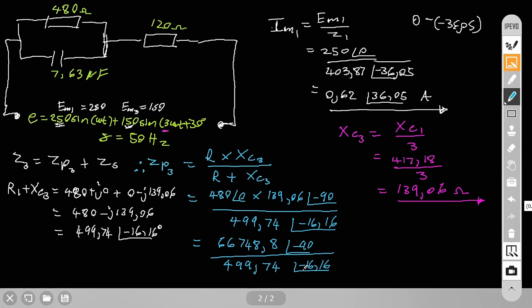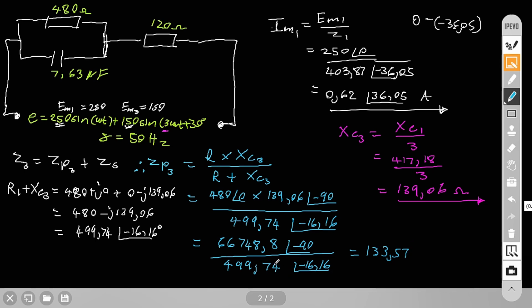Now guys, remember the angles subtract, while the magnitudes you just divide. So if you divide, your answer will be 133.57.